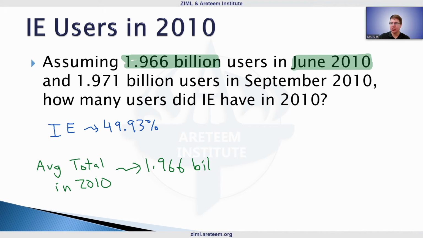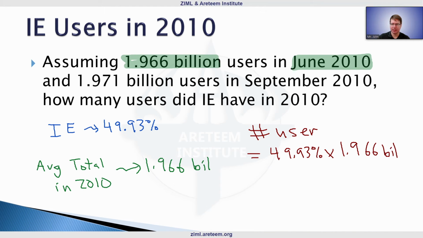Now, calculation from here is easy. So how do we find the number of users? We can just say, okay, we know that roughly 49.93% of those users were Internet Explorer users, and we multiply this by 1.966 billion.